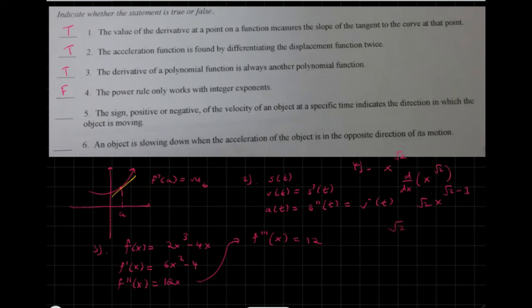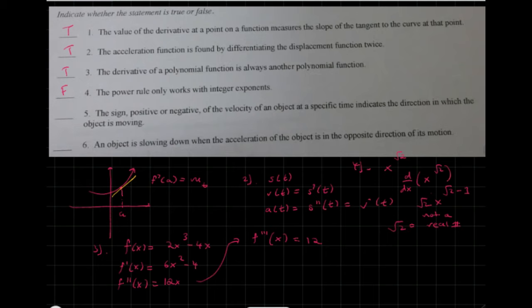Now square root 2 is not a rational number, because it's irrational and cannot be expressed as a fraction. It can be expressed as a non-terminating decimal. So in this case, the power rule can still work for non-integer powers.